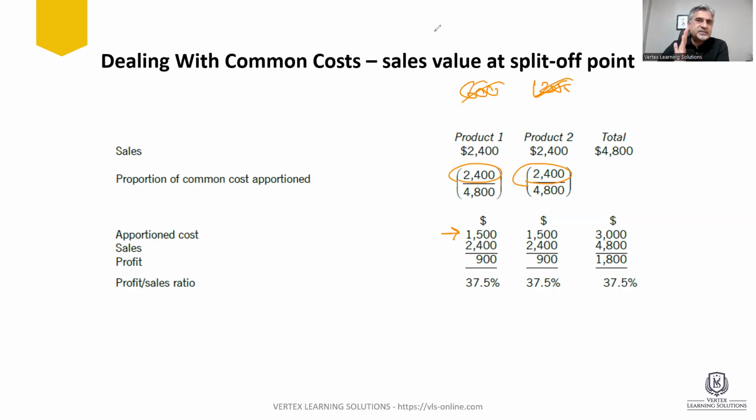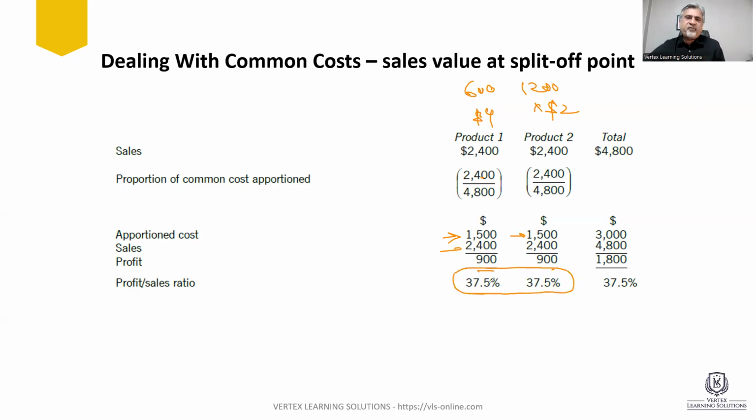So sales value was the same because one was an expensive product selling at $4 with 600 tons, and the other was 1,200 tons at $2 of value. So sales value was the same, cost will be apportioned the same, and their profits are the same. So they make equal profit. Now this looks like a bit more fair division of common cost because it will give you a balanced approach.